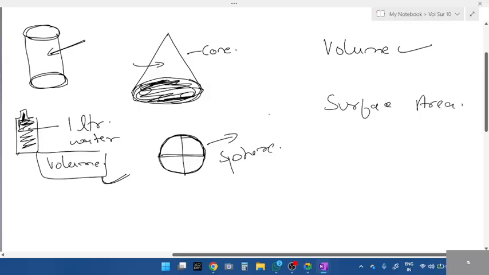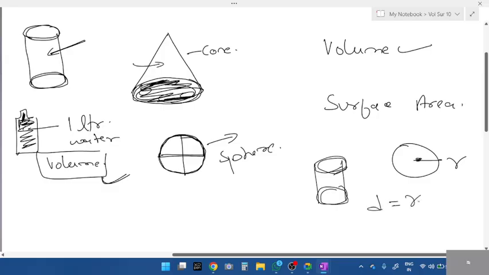When we talk about surface area, students, the surface is the outer boundary. Volume is inside, surface is the outer boundary. We need to calculate the surface of a cylinder. Just imagine this cylinder. It will have 2 circles first, and we know this is the radius. The formula for diameter is 2r.